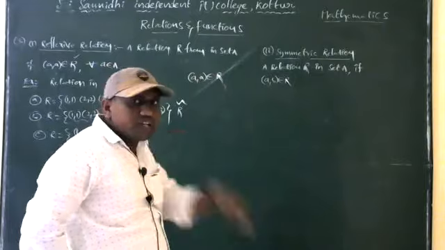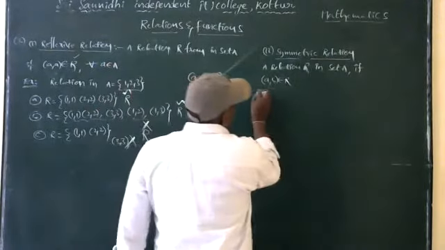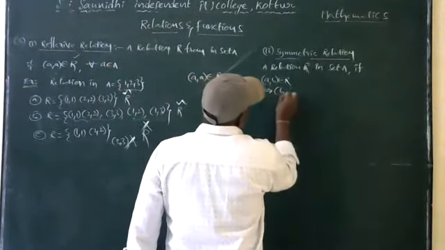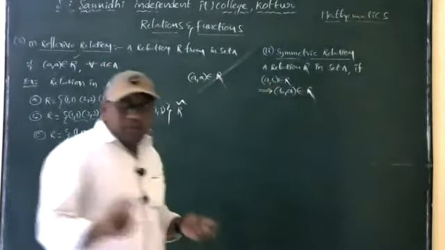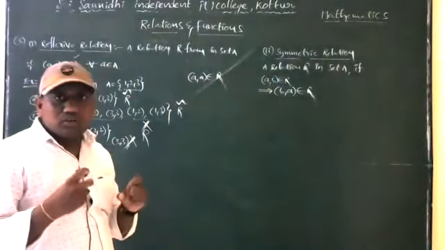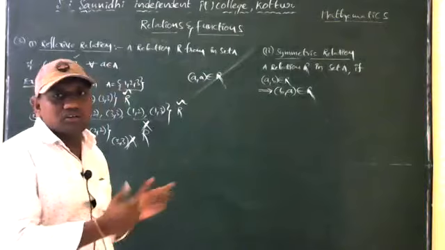You have to check whether B comma A, which is implied, belongs to R or not.